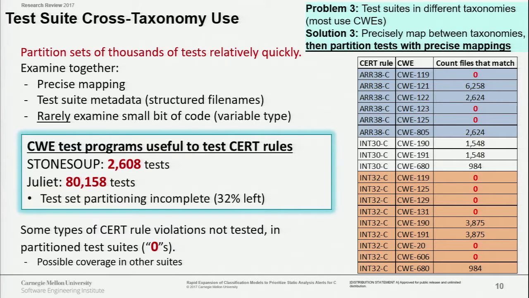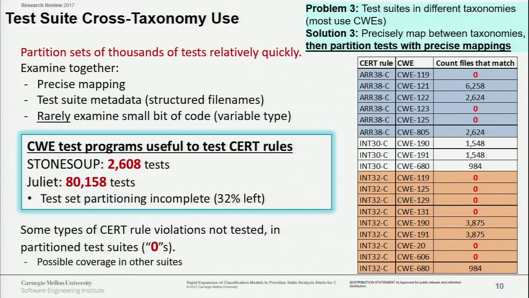Then we partitioned sets of thousands of tests relatively quickly. The chart you see to the right shows mappings for 3 different CERT-C rules, and each row is a CWE.